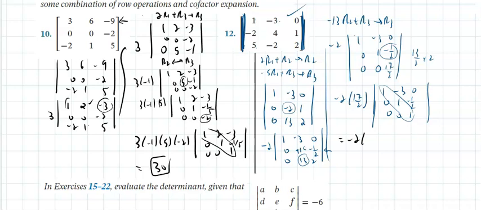It turns out to be negative 2 times 17 halves times 1, which is negative 17. Now, of course, once you got it this far, you could have said take this row and multiply those if you really want, and that works out the same way. But if we want to follow along, that's really how it works.